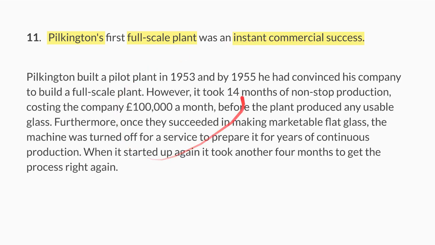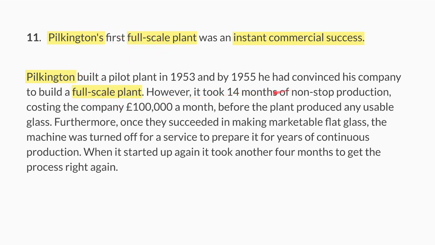So here is our paragraph, and this is the same paragraph that you saw for the previous question, and I've put the same paragraph here because you're going to find the answer in the same paragraph. So we're going to first look for our keywords. The word Pilkington appears here, and the keyword full-scale plant appears here. So we found two of our keywords right here.